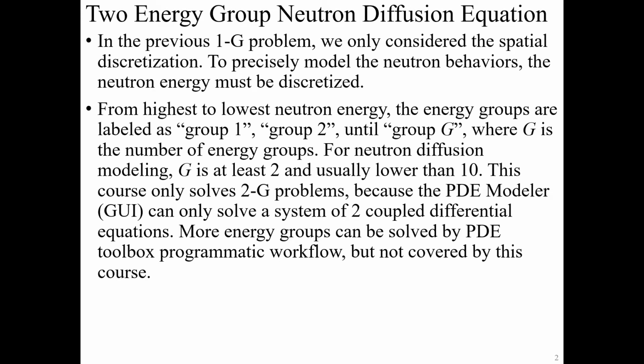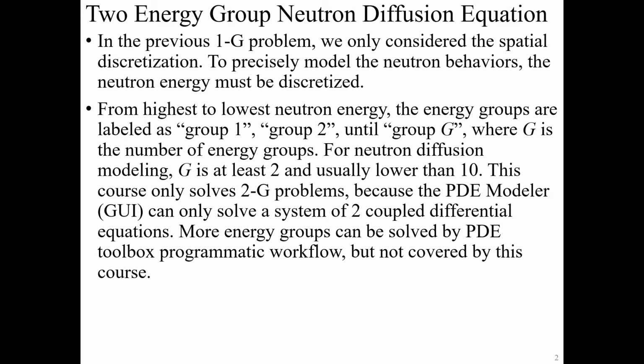We have to consider this energy distribution and how the neutron will migrate from one energy group to another energy group, in order to increase the accuracy of our result. Therefore, we are going to split the neutron energy into different groups. We call it energy groups.